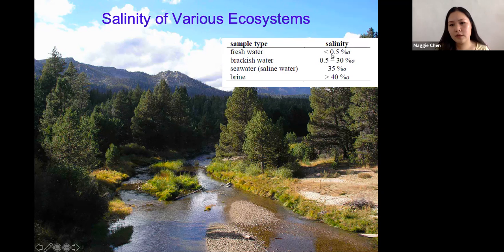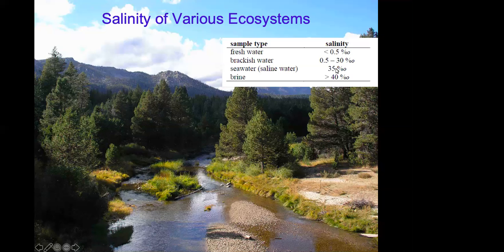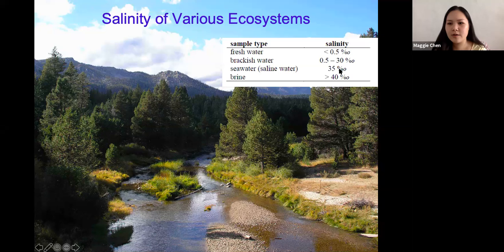This is actually the US public health standard for water that is safe for you to drink. Anything saltier than that, you can drink, but it's not good for you. And for seawater or saline water, we have a ppt of 35. This number is the global average salinity level for seawater.